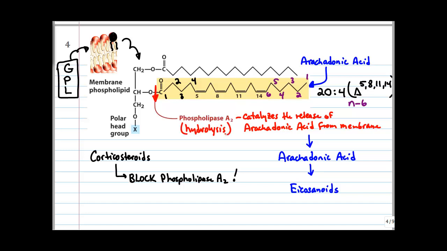Once you release arachidonic acid from the membrane, and again this happens all the time, then you get free arachidonic acid away from the membrane, and then through some biosynthetic steps you can make a class of molecules called eicosanoids. Some eicosanoids are involved in pain and inflammation.